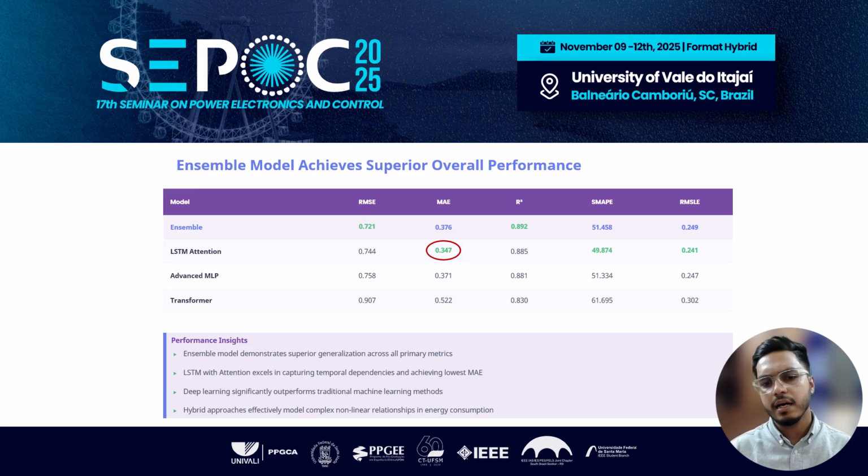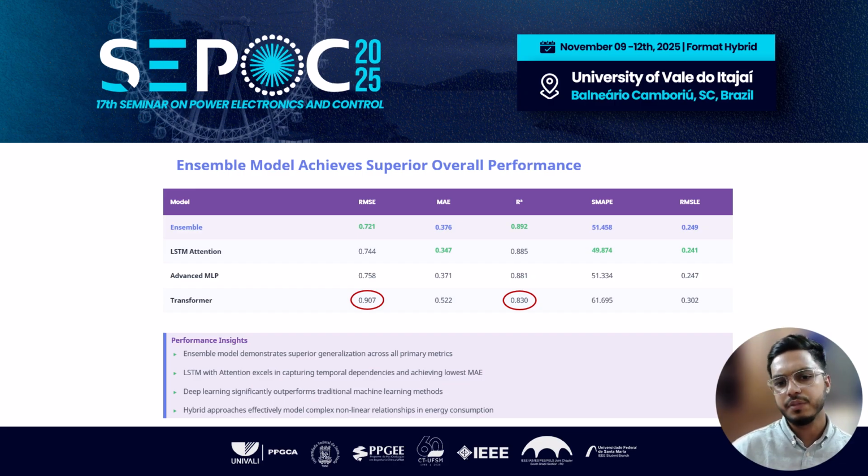Conversely, the transformer model exhibits the weakest performance with the highest RMSE and the lowest R squared value. This highlights the importance of hybrid and ensemble approaches, which effectively model complex nonlinear relationships.